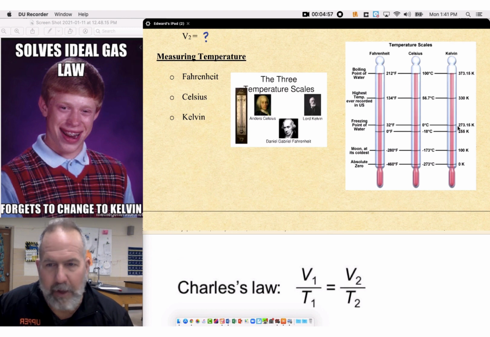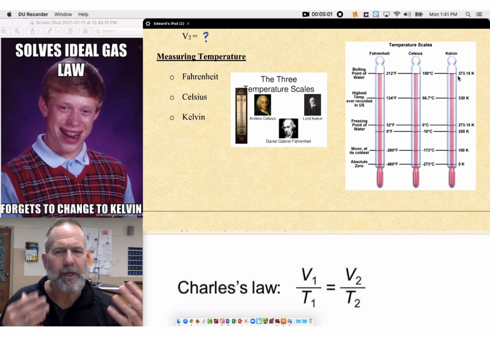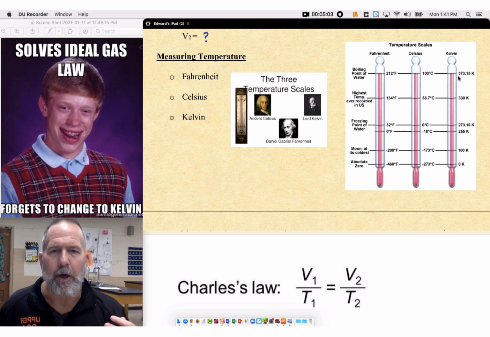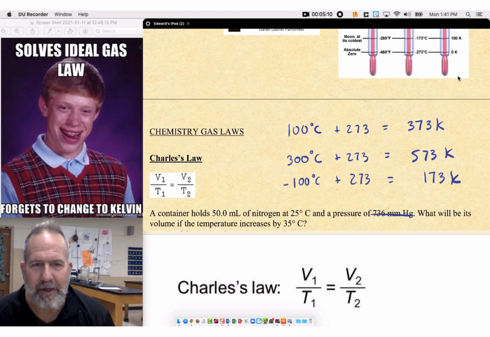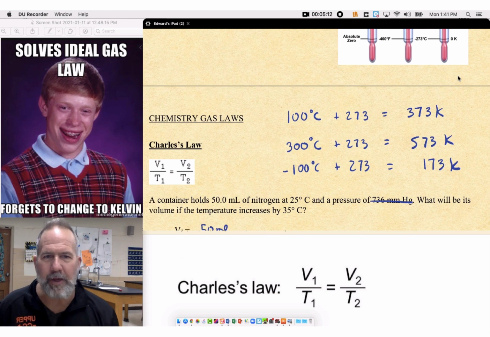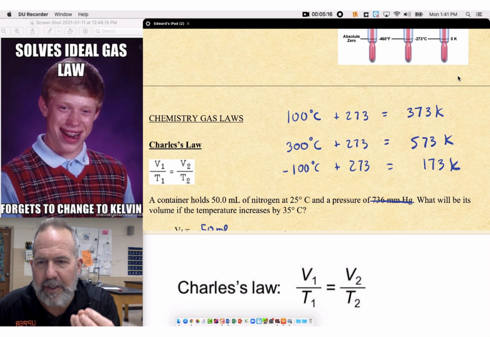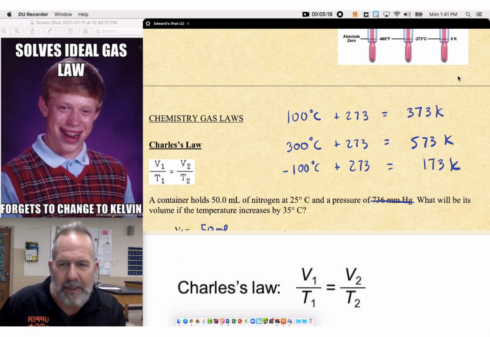Another 100 up, 373 is where water boils. So he's using Celsius scale, which makes it easy for conversions for us. And so conversion-wise, I have these written on here already. Conversion-wise, all we have to do is add 273 to the Celsius to make it into Kelvin.